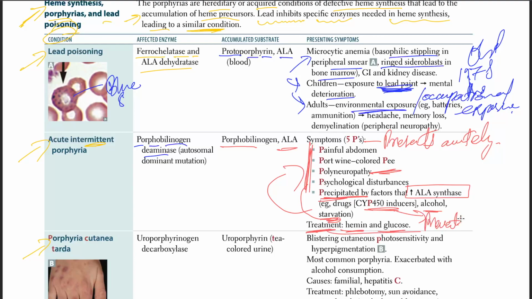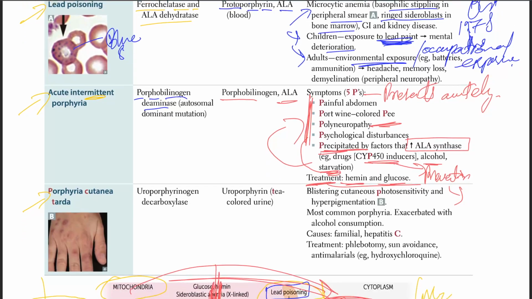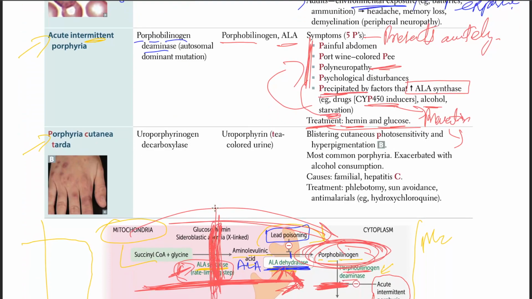What is the prevention now? Prevention is based on inhibiting the ALA synthase. So you inhibit the ALA synthase, and you don't let it go towards the deficient enzyme. You're inhibiting it here at ALA synthase, so it doesn't even go towards that area.